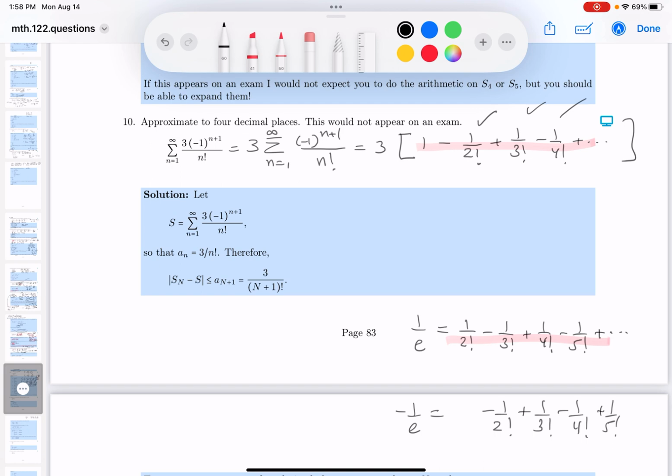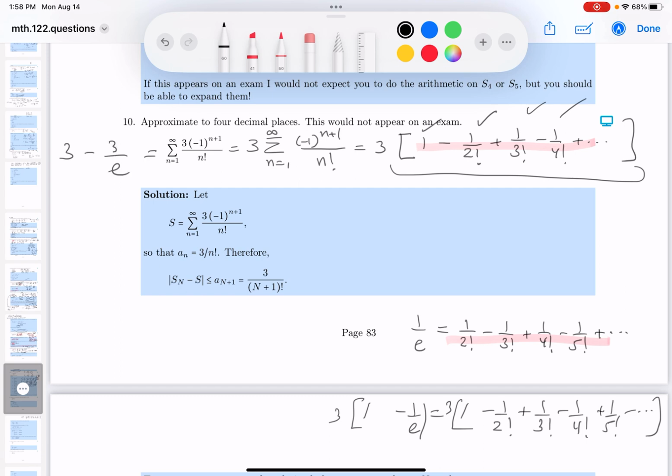It looks pretty obvious that there are similarities between the two. But I don't have the count for this one, so I'll add 1 to both sides. I got this part, but I don't have the 3 yet, so let's put that in there. What do you get? 3. We have it. What's this sum going to be equal to? 3 minus 3 over e.